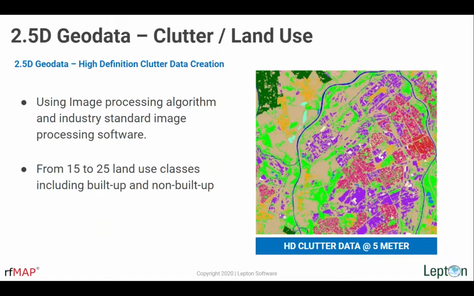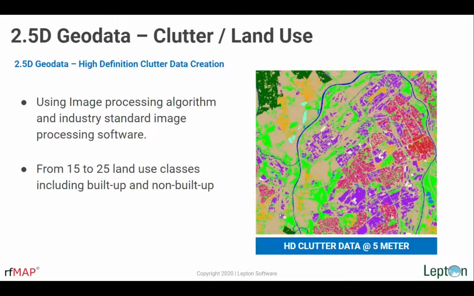So let's start with the first layer, which is the clutter dataset, or you can also call it land use. The clutter dataset will be derived from stereo or mono satellite imagery having 5 meter or better resolution.